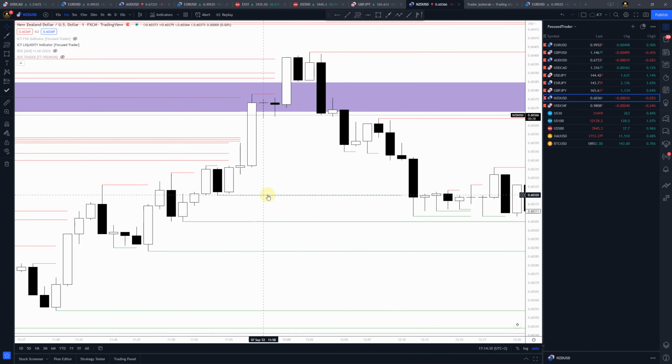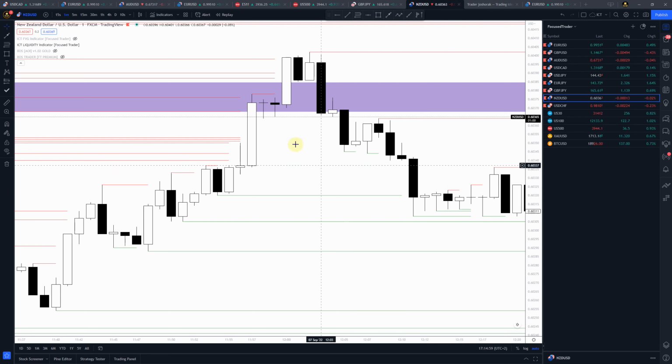Keep in mind these structure lines. This candle has a lower low than the candle on the left and the candle on the right. The same counts for this candle, and this candle. Even though these candles seem to have very similar or equal lows, the mathematics says there is a difference. This candle is a bit lower than this candle.